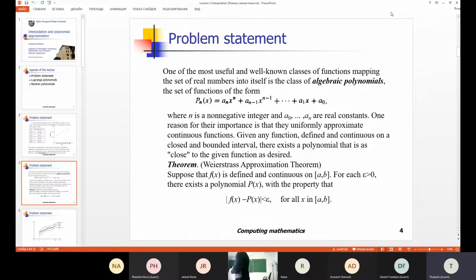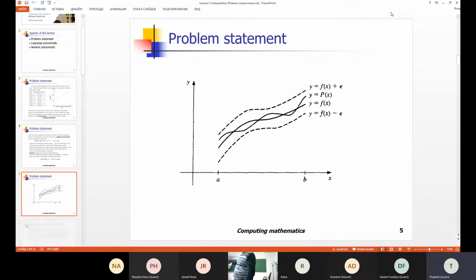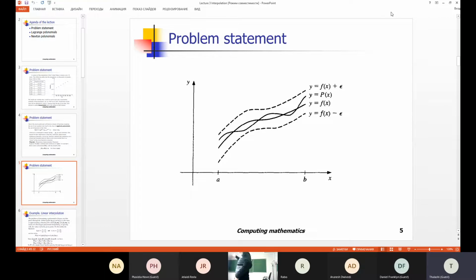I draw the picture on a board, and an analogous picture is here on this slide.